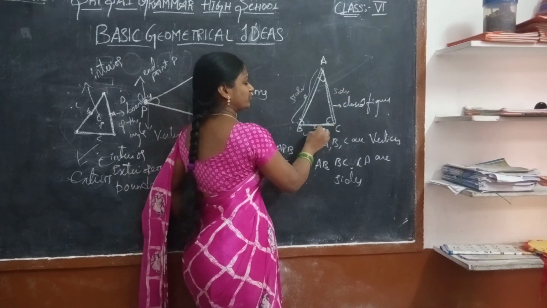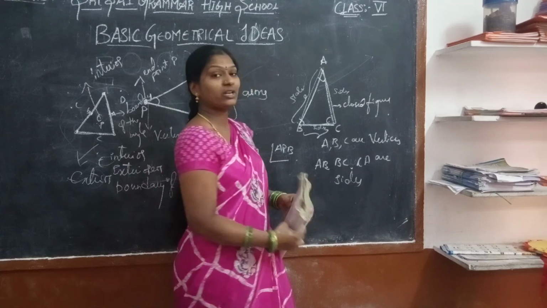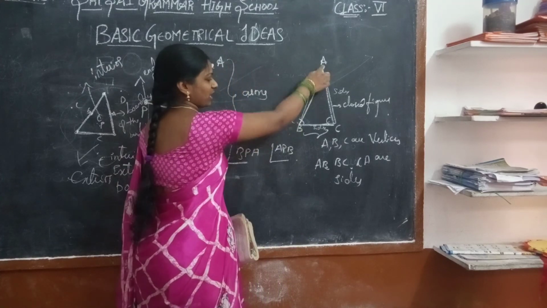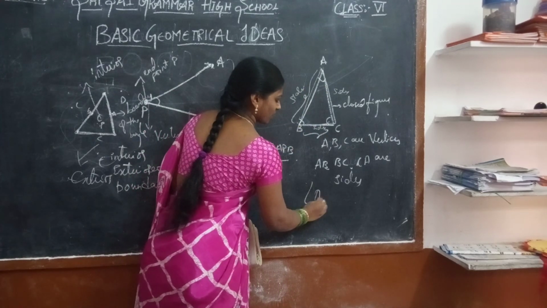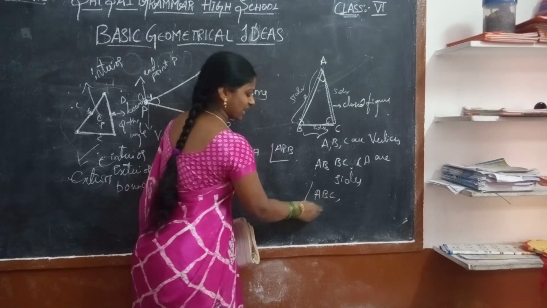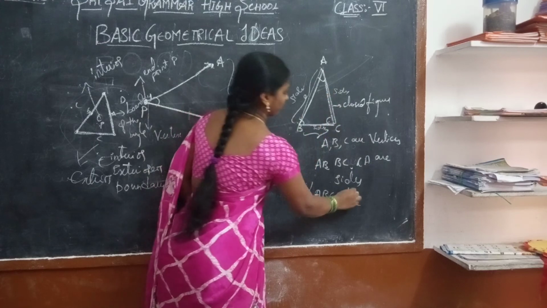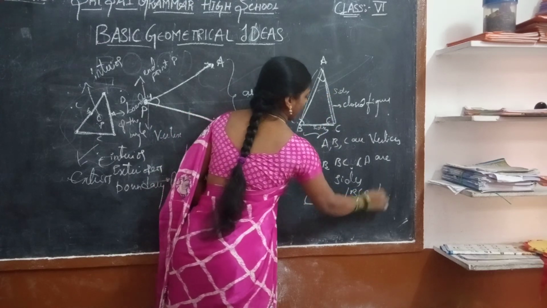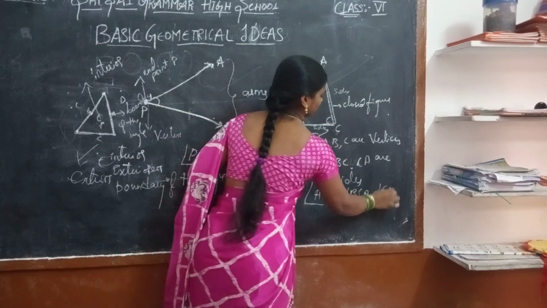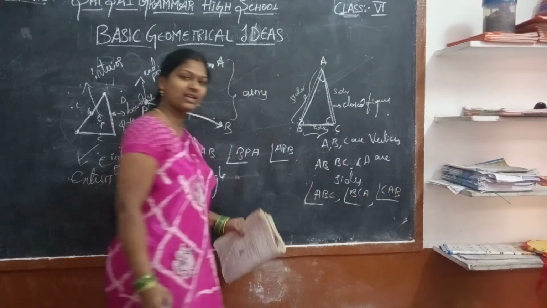Now how do we represent angles in a triangle? Angle ABC is one angle. You have to use the angle symbol like this. And also angle BCA, angle CAB. These are the angles.